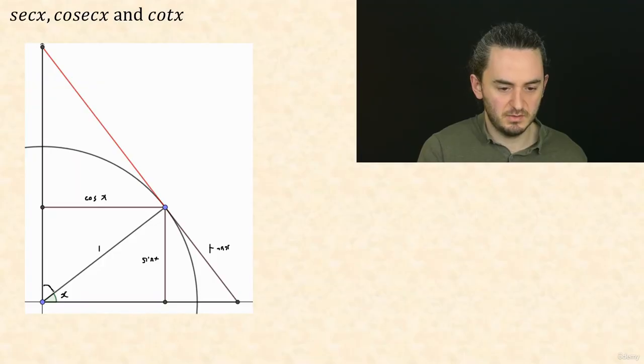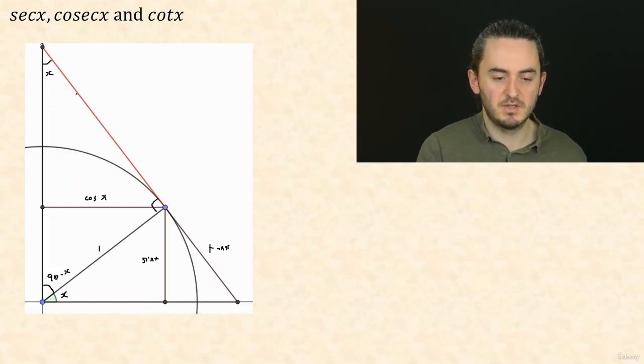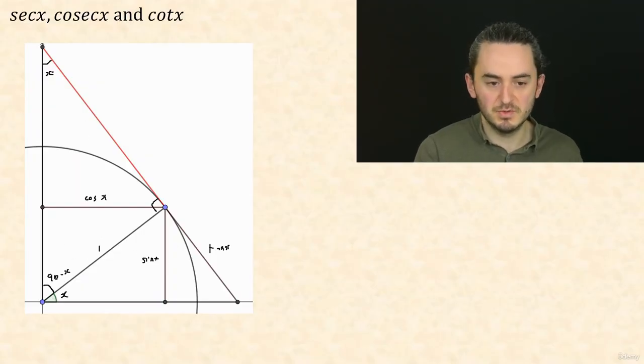So this angle here is 90 minus x. Well, that's a right angle there, and so this angle up here must be x. So this right angle triangle here is similar to the ones that we've been working with so far, because it's also got angles of x and a right angle of 90 minus x.